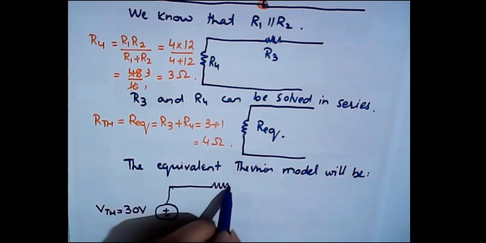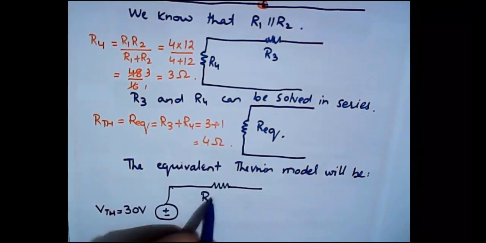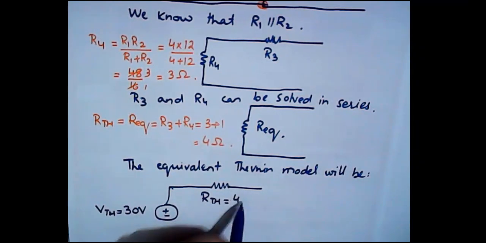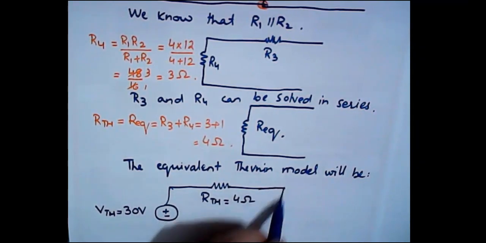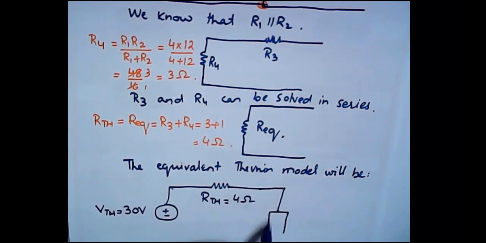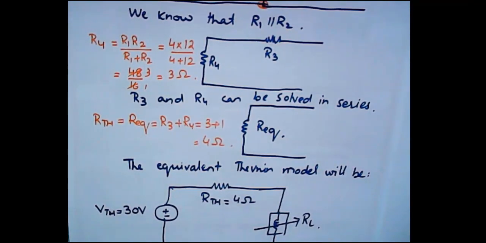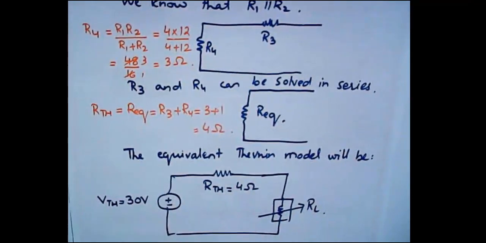Then we have a series resistance, that is RTH is equal to 4 ohms. And then we have the load resistance, which is RL. So I hope there is no confusion in it.